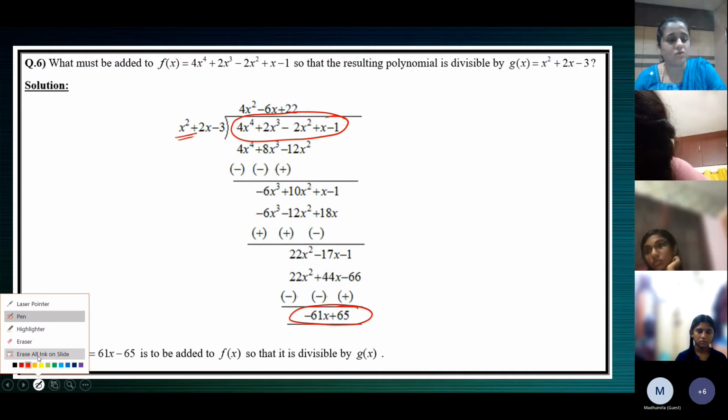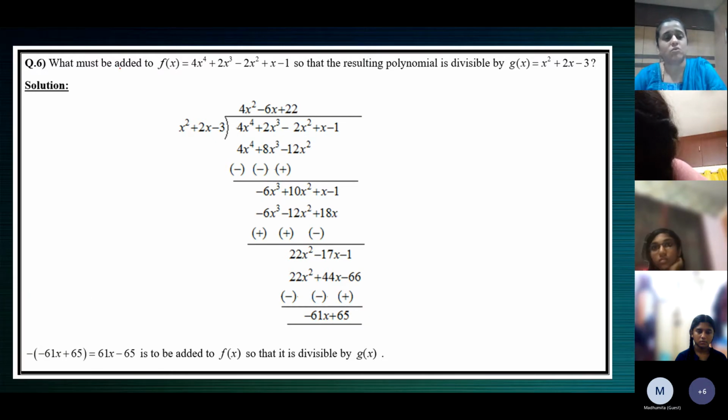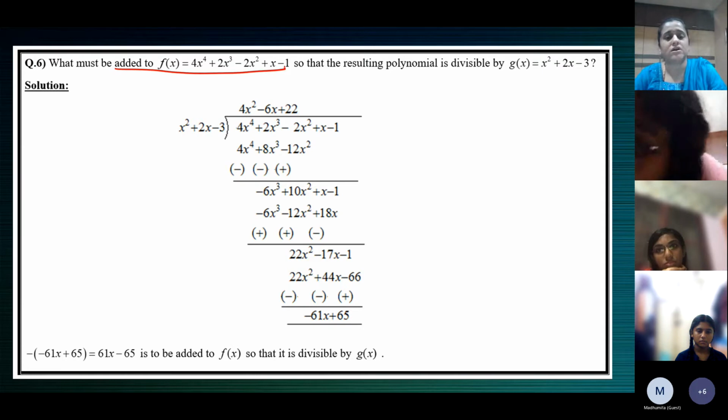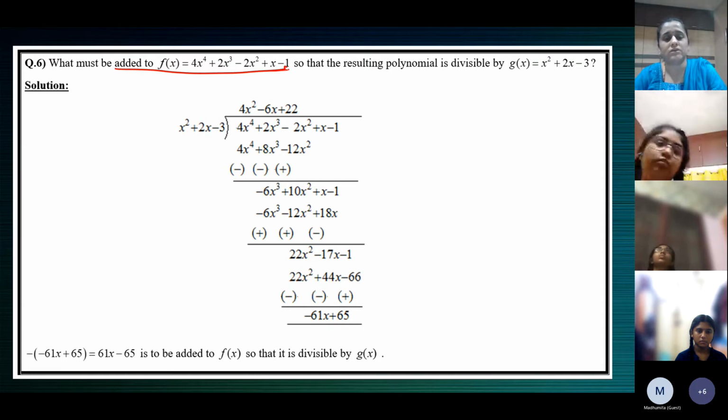So the question is, what is to be added to this biquadratic polynomial so that the resulting polynomial is exactly divisible by the divisor polynomial?